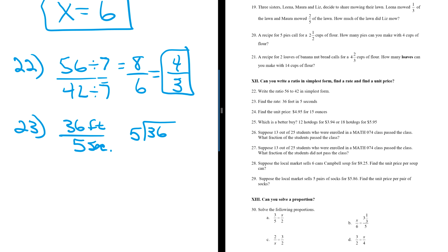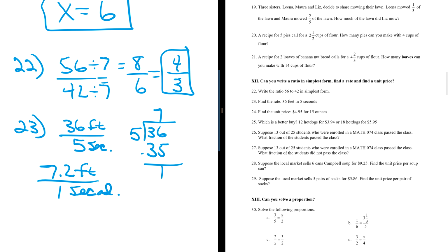And again, let your calculator do the work for you. I've got 7 times 5 is 35. Subtract, I've got 7 and 1/5, or 7.2. 7.2 feet for every 1 second. Okay, that's the kind of rate they're looking for.